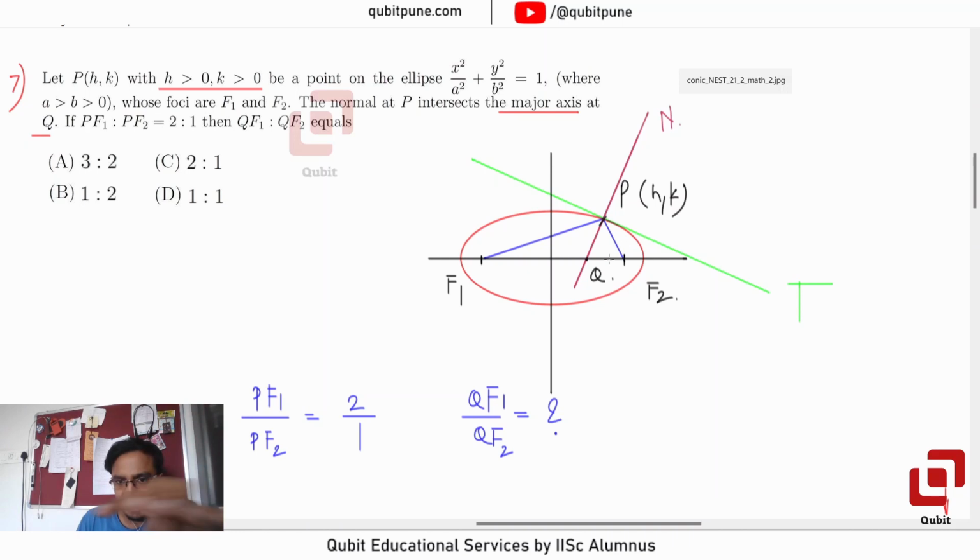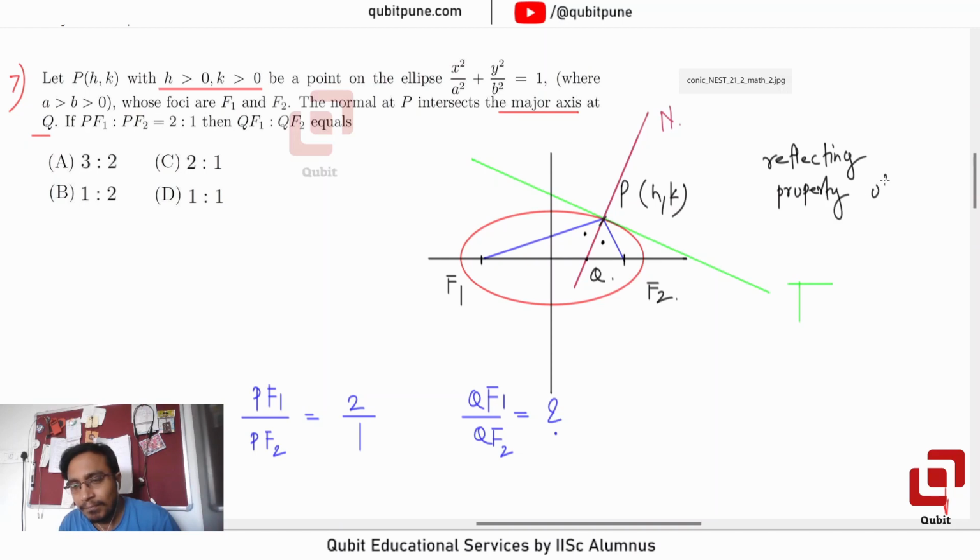That's a property that you can prove. And because of the laws of reflection, angle F1PQ will be equal to angle F2PQ. We call it the reflecting property of the ellipse.